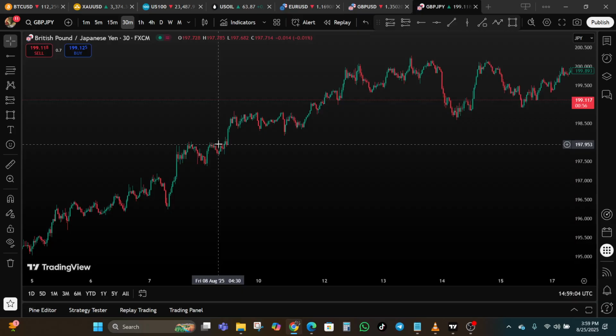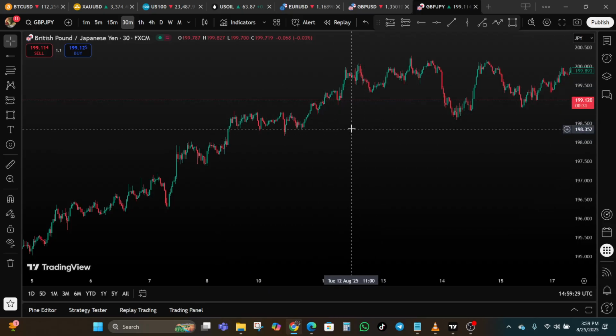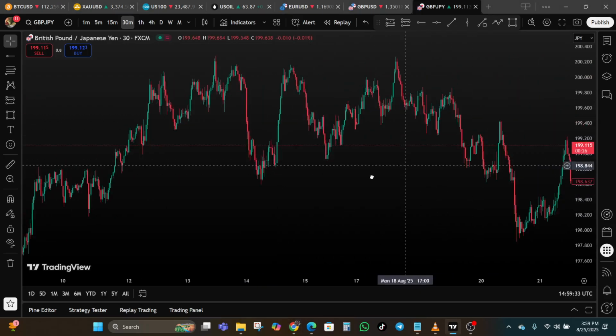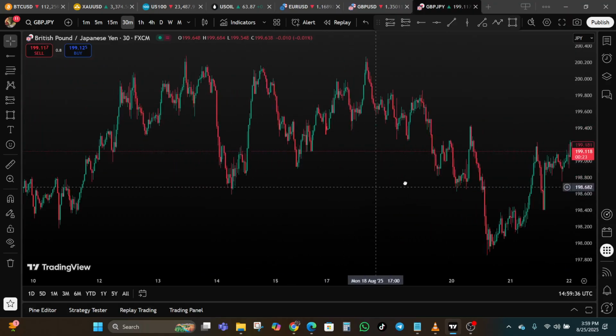So this balance gives us enough detail to make precise entries while still filtering out much of the noise that comes with the lower time frames. For traders who don't want to be glued to the screen all day but still want reliable setups, the M30 trading strategy is an excellent choice.